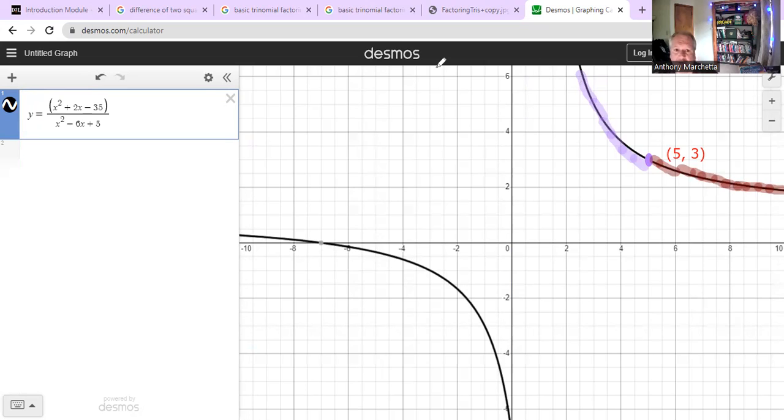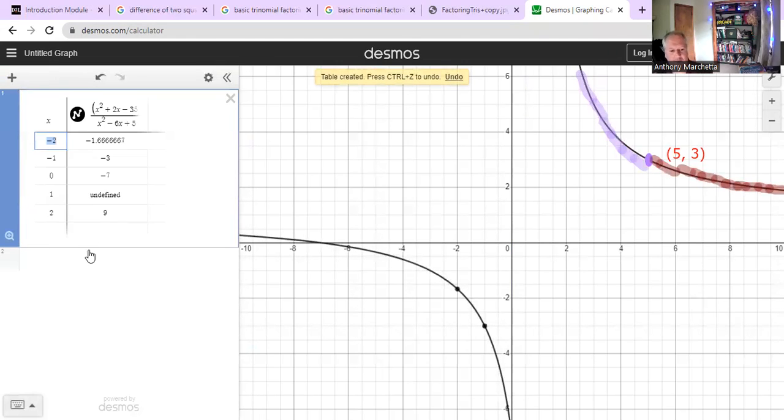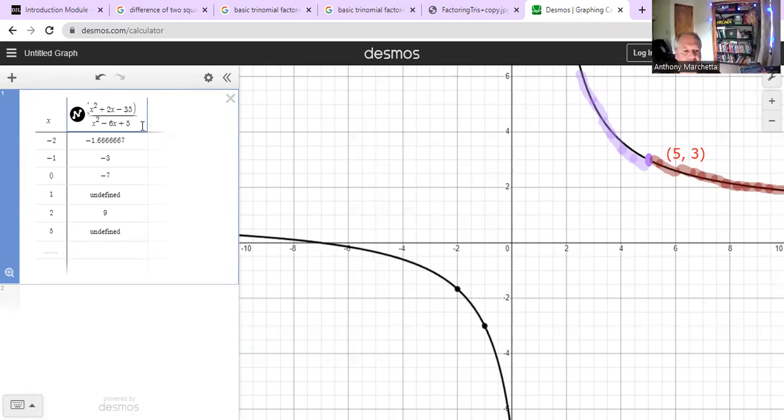And just if you wanted to double check and make sure it was 3, you could do that quick and easy by just going to the gear and typing in right now what happens at the place of x equals 5. And it says, oh, I got it right. I think I made a mistake here. Say undefined.